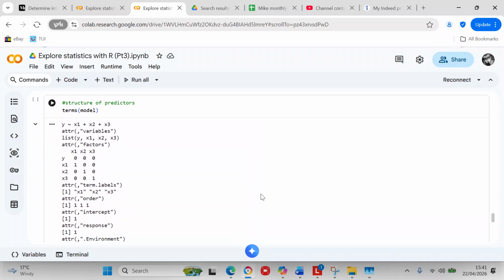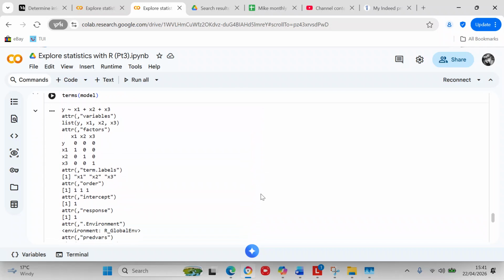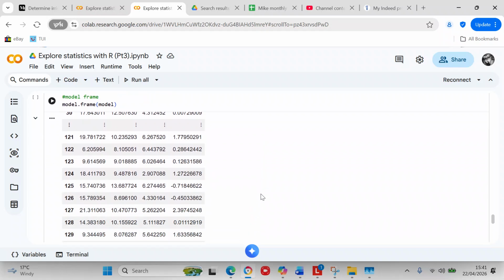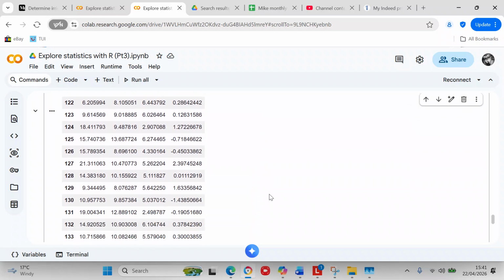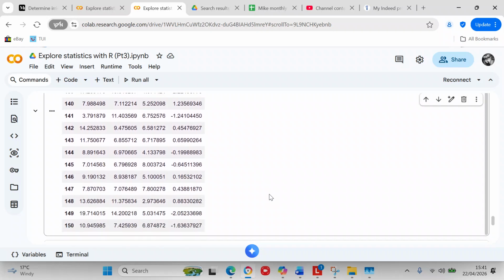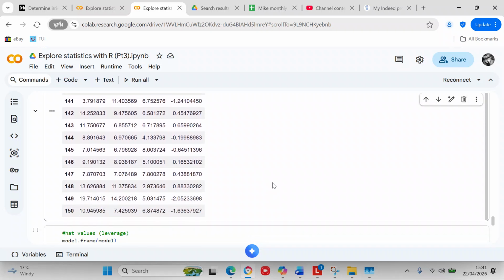You've got your structure of predictors, so you've got terms model, and then it gives you your structure of predictors. You've got your model frame, model.frame brackets model, and so you get your data frame of 150 rows of data, which is your 150 samples.